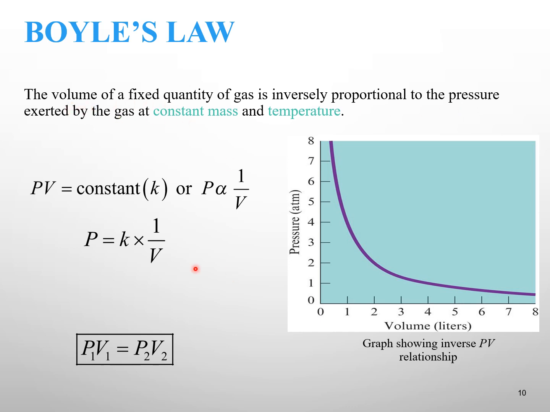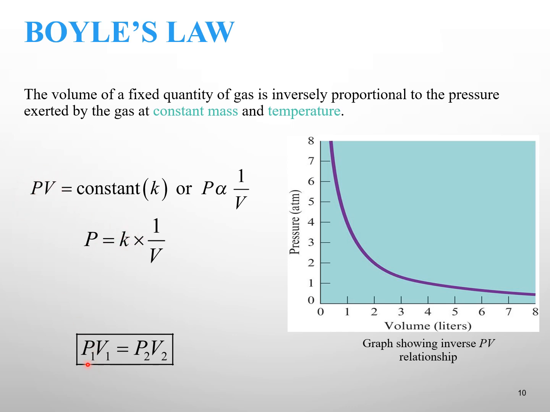The lower the pressure, the bigger the volume will be. So it's opposite. If you wrote it out, it will be PV equals a constant, because P is inversely proportional to 1 over V. V is volume, P is pressure. So then we can write P equals the constant times 1 over V. Then we can simplify it and write P and V all on one side and leave the K on the opposite side, so you have PV here.